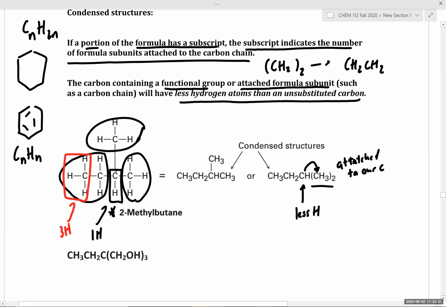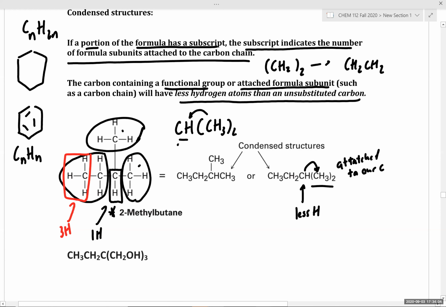So we denote the fact we have 2 methyl groups attached to this carbon using the form CH3 in parentheses. These CH3 groups are attached to this carbon. And just to repeat, how can we know that? What's special about this carbon?